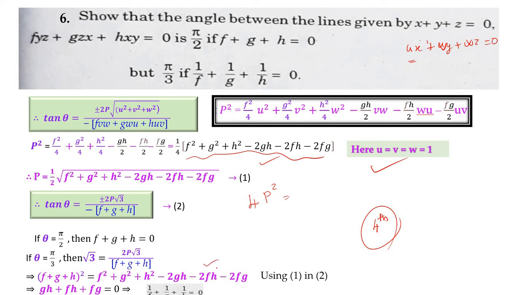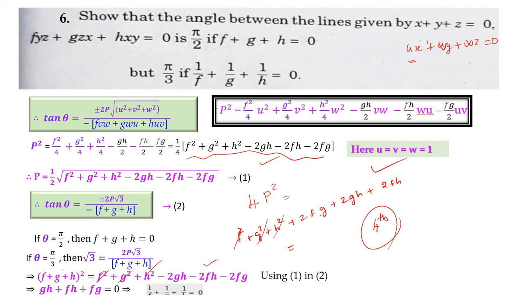So that is what is written here. And when you expand the left side, this is what you get, f square plus g square plus h square plus 2fg plus 2gh plus 2fh is equal to, the right side you have this. So these will get cancelled with these terms. You are left with this, and on the left side you have this.